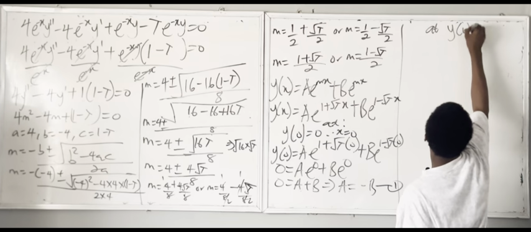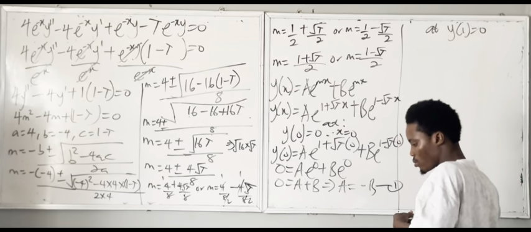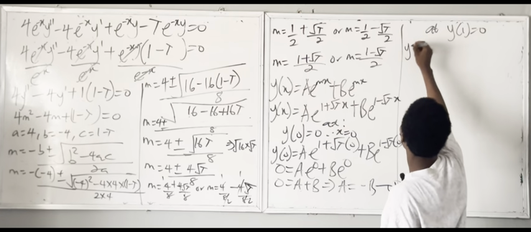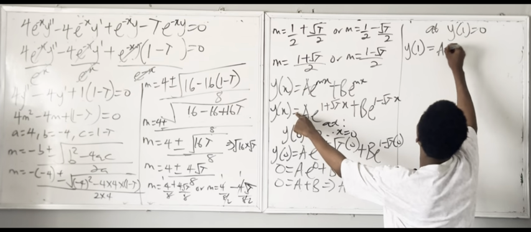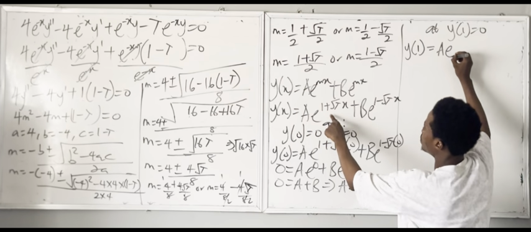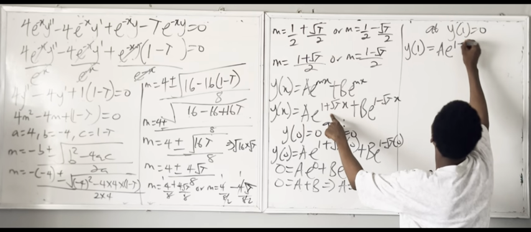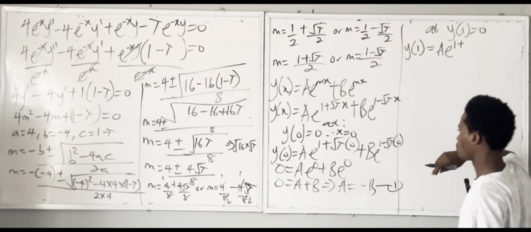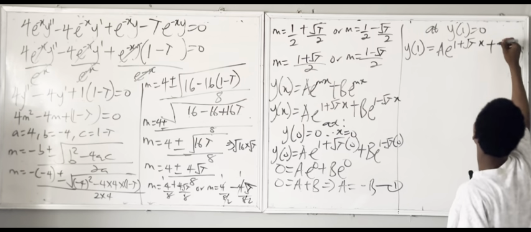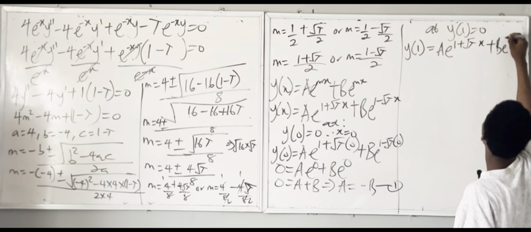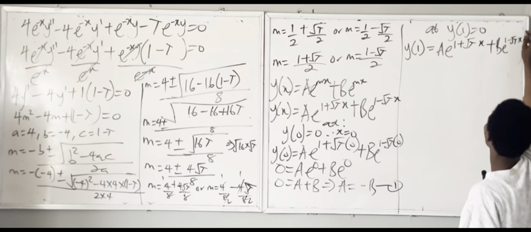At y of 1 is equal to 0, I'm going to have y of 1 is equal to a exponential root lambda x plus b exponential 1 minus root lambda x.